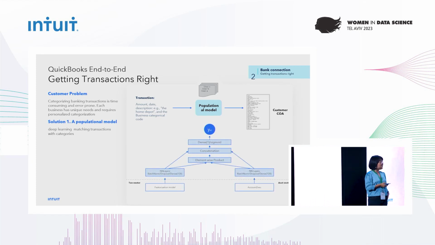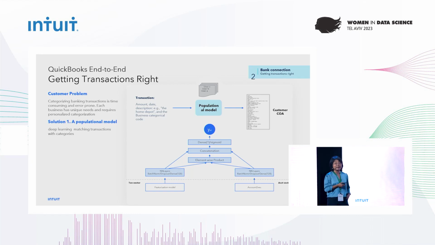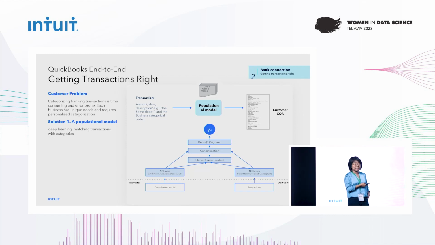The structure is as follows. This is the DSSM type recommender system design. It's a twin tower structure. On the left, we have transactions going through featurization to get the transaction embedding. On the right, we have the accounts. These are typically natural language-based accounts, such as cars and trucks, and they also go through a vectorization approach to get the account vector. From here, you have the symmetry between transactions and accounts.